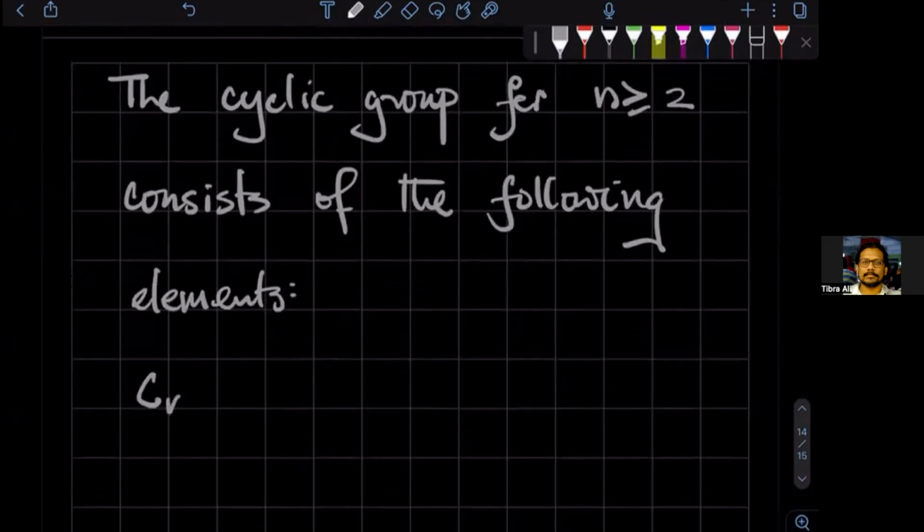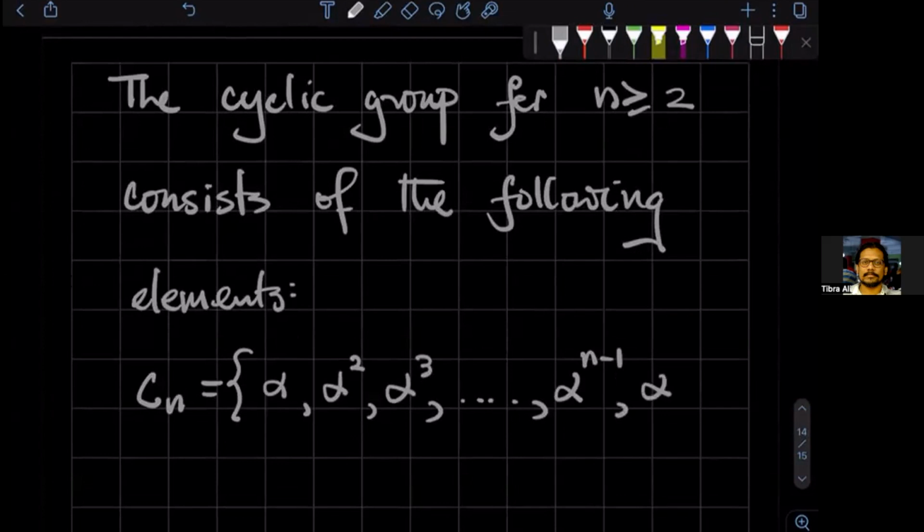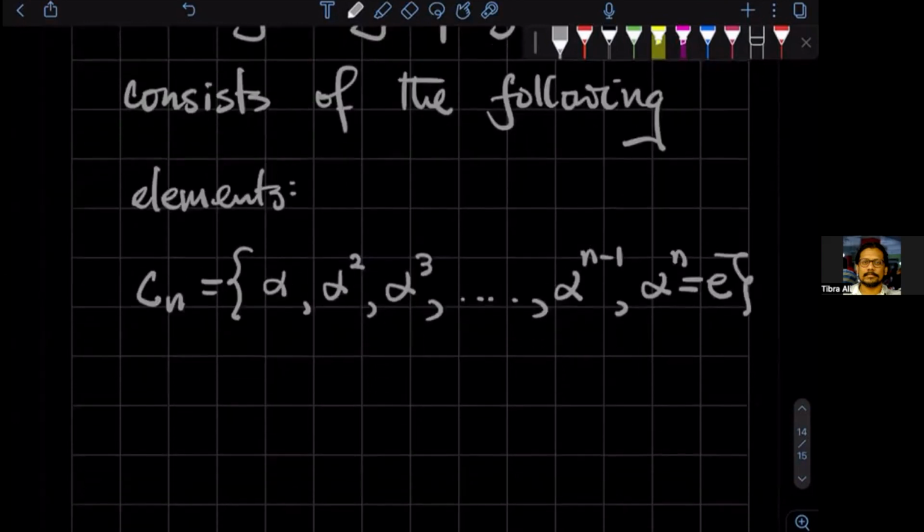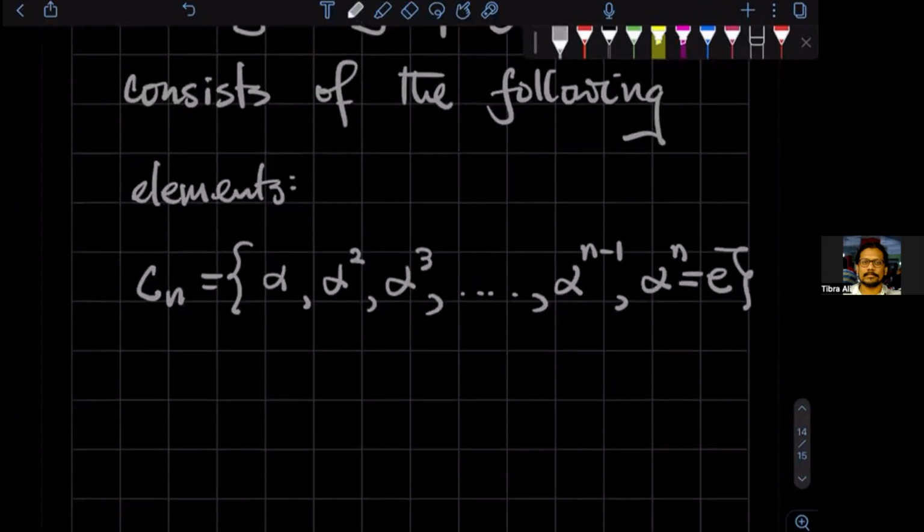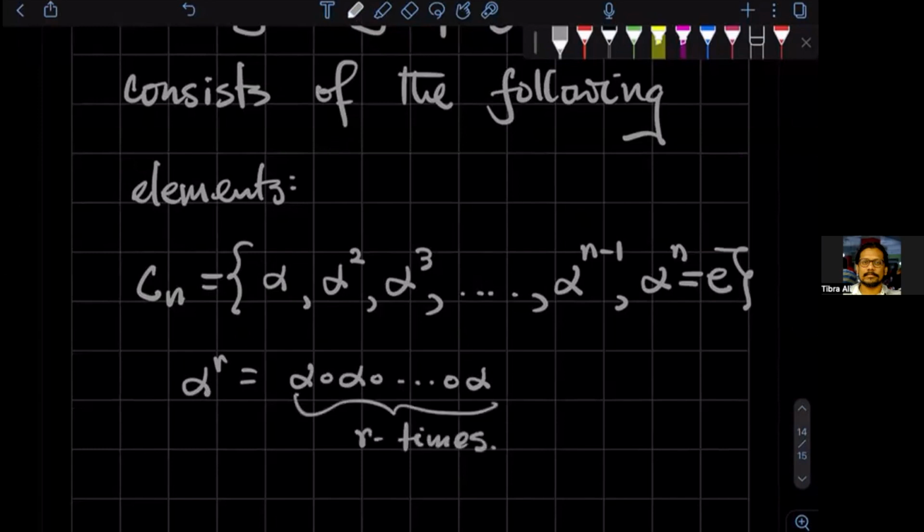So Cn has n elements, and we can call them alpha, alpha squared, alpha cubed, dot, dot, dot, alpha raised to the power n minus 1, and alpha raised to the power n, but that is identified with the identity. So what this notation means is that alpha to the power r is alpha composed with itself r times. Okay?